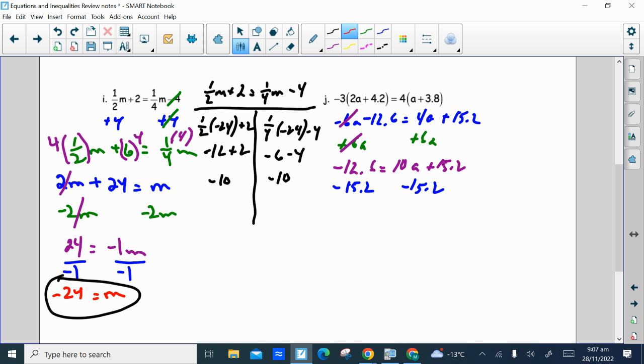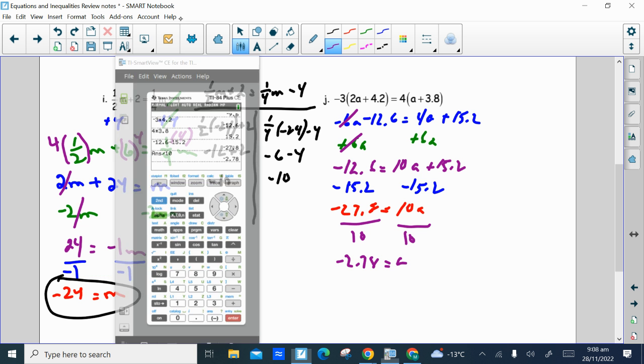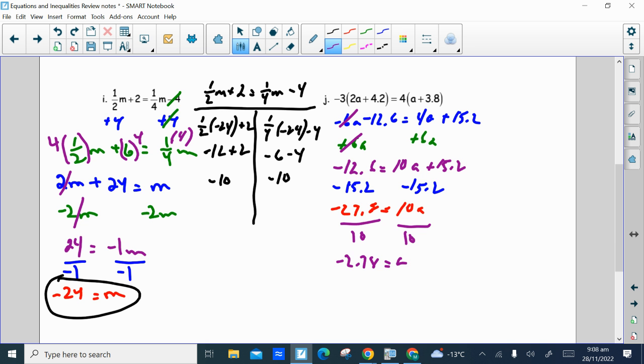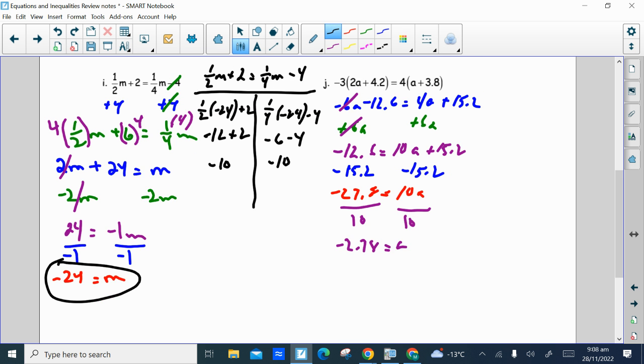Yep. And on the right side, the 15.2's cancel, you're left with 10a. So now when we divide both sides by 10, we should get negative 2.78 on the left, which we'll check just to make sure. Yep. So there's our solution. And that's what we need to use in our check.